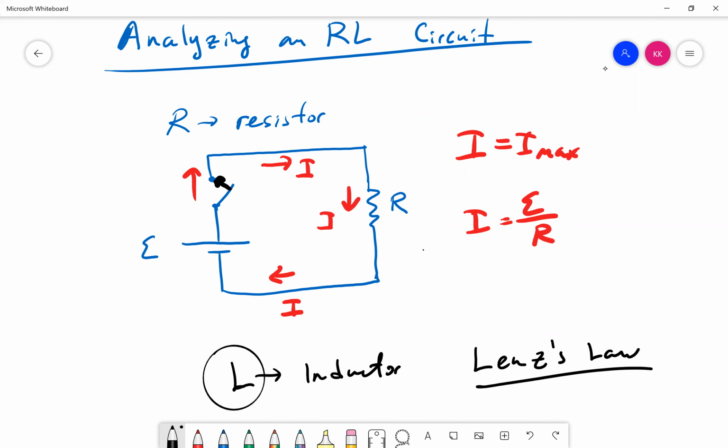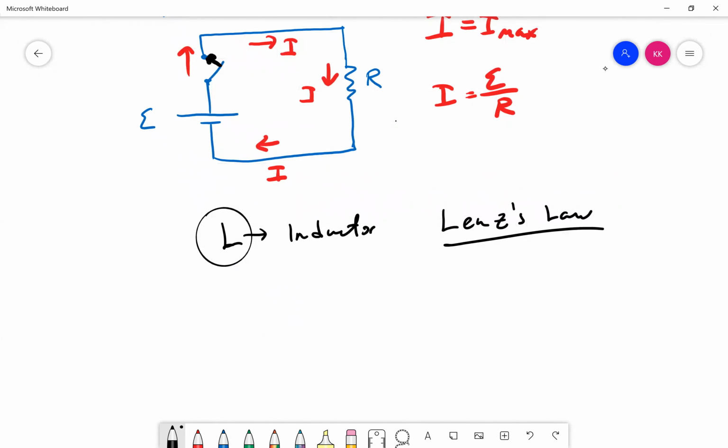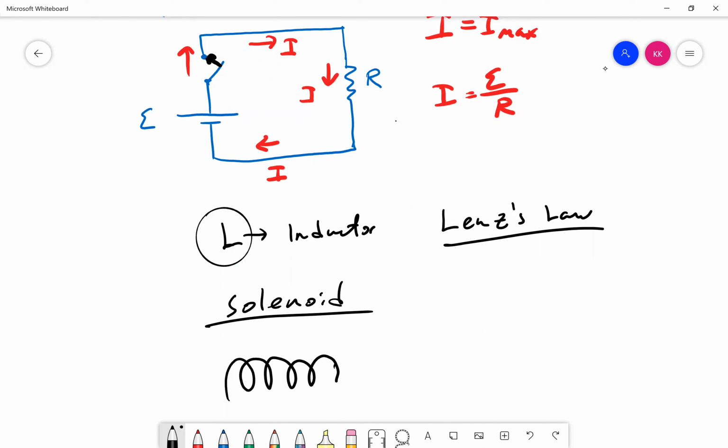All right. So what is the difference in the circuit when we include this inductor as a device? As I said, the inductor is usually some kind of solenoid, which is basically some n number of turns. So this is how we represent an inductor in the circuit.